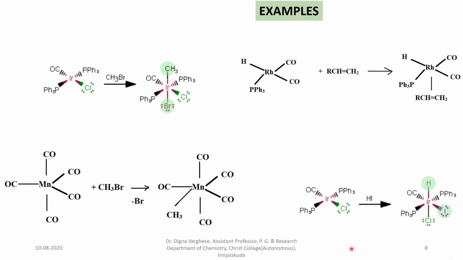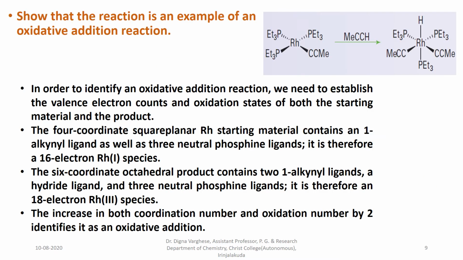And here hydrogen iodide is added to Vaska's compound, and after this oxidative addition, its oxidation number increased by 2 and coordination number by 2. This reaction is an example of oxidative addition reaction.